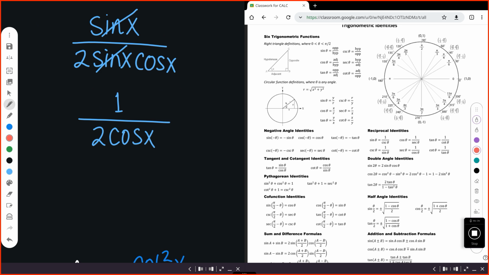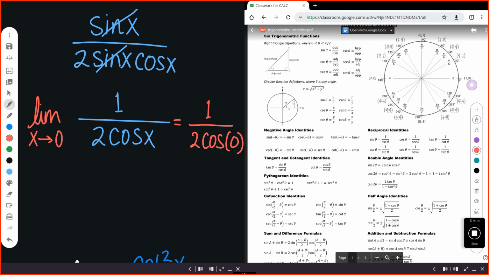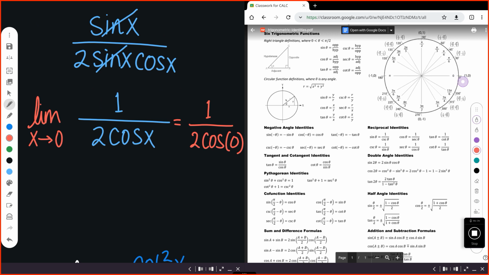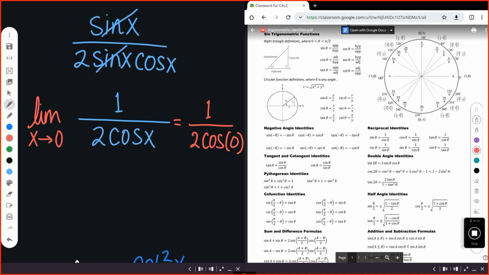So now let's do direct substitution as x approaches 0. So when I rewrite this, this is going to be equal to 1 divided by 2 cosine 0. Well, let's go back to the unit circle. Here, cosine is x, and at 0, it is 1.